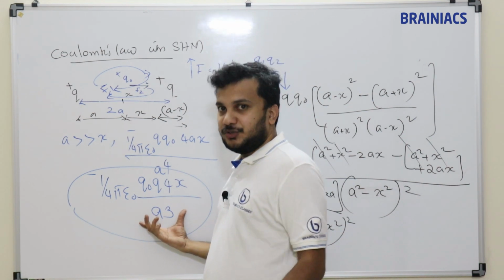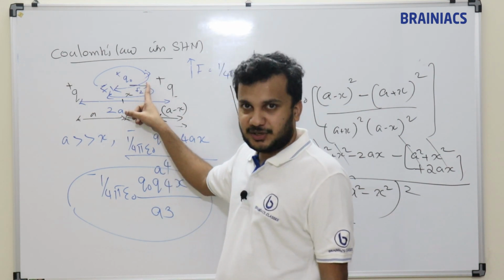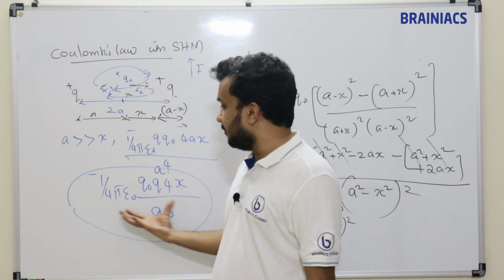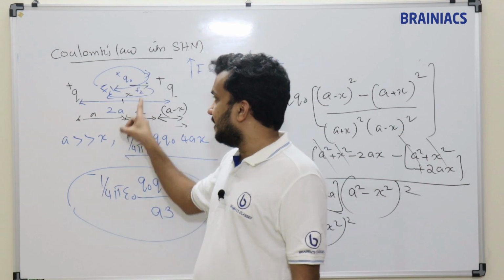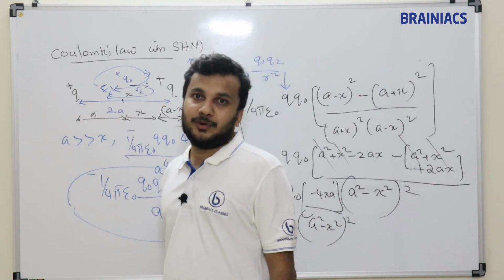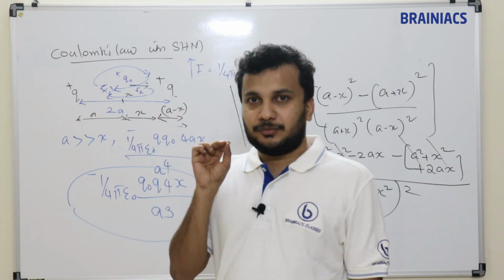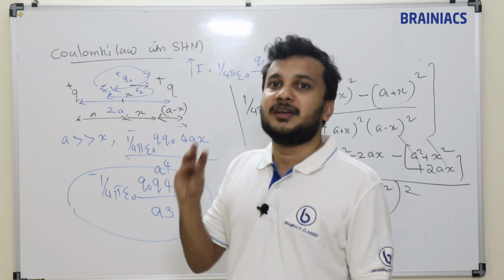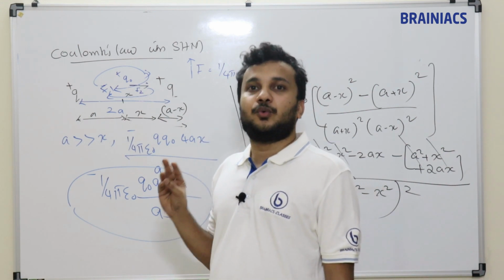When it is at this position, a net force of this much quantity will act, and the sign indicates the force is opposite to F2, which means in the F1 direction.